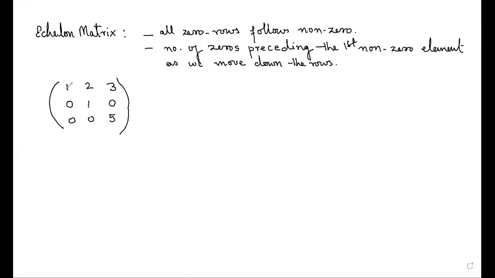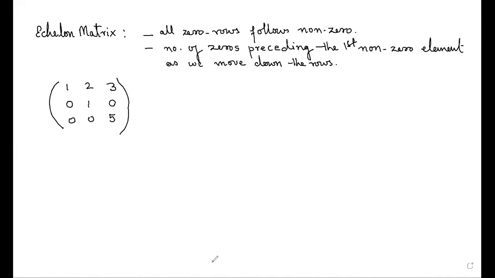Say for example, how many zeros are there before the first non-zero element in the first row? If you can tell me. How many zeros are there in the first row, preceding the first non-zero element? Preceding means before.